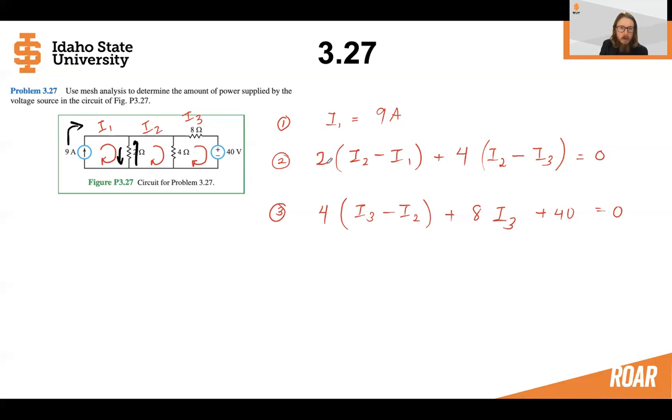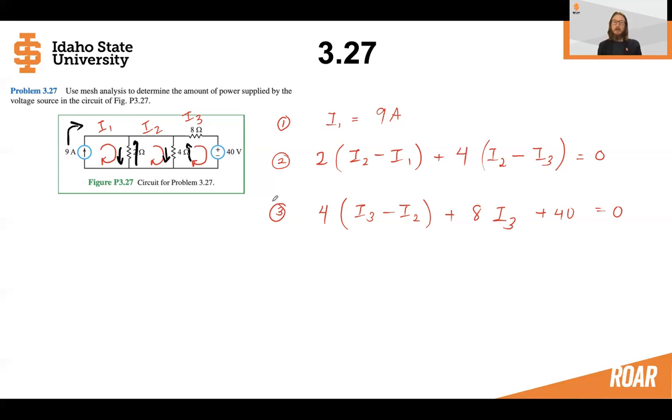So we have 2 ohms multiplied by (I2 minus I1), since they're going in the opposite direction. Then down on the other side, we have I2 minus I3, since again, these are going in the opposite direction here. And that is going to be equal to 0. So we have 2 resistors in this loop, and we've made our KVL.